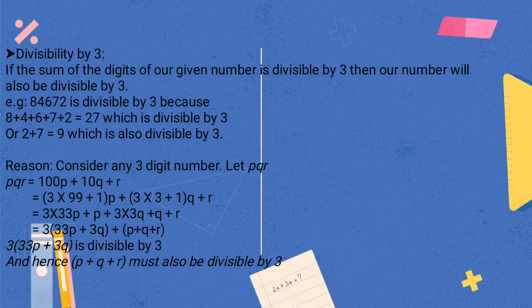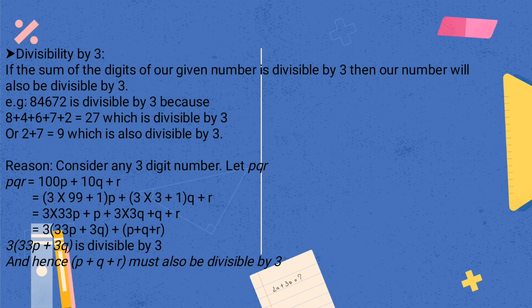For example, 84,672 is divisible by 3 because if we add the digits 8, 4, 6, 7 and 2, we get 27, and 27 is divisible by 3.